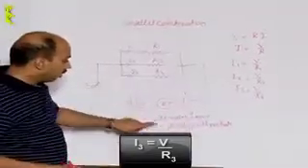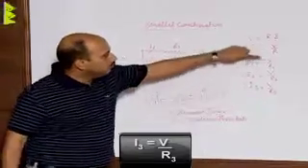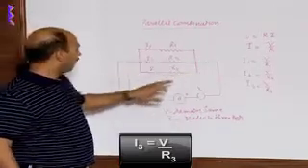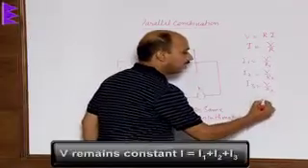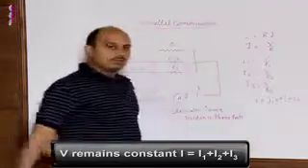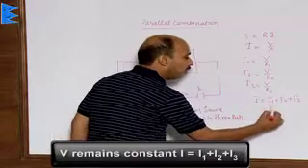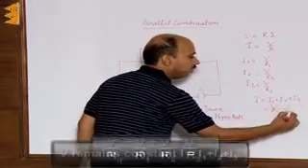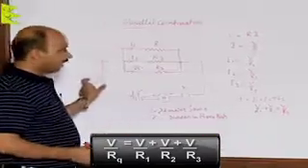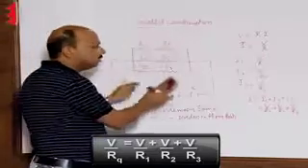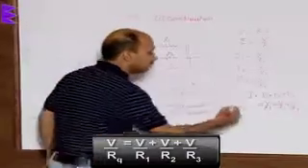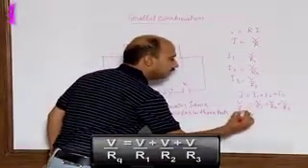See here, as I told, V remains same. So here also V is same for all these 3 resistors. Now total current I is equal to I1 plus I2 plus I3. So we can write V upon R1 plus V upon R2 plus V upon R3. Now here this is the total I. So for this we can take total resistance of this complete part. Suppose this total resistance is Rp, so we can write V upon Rp.